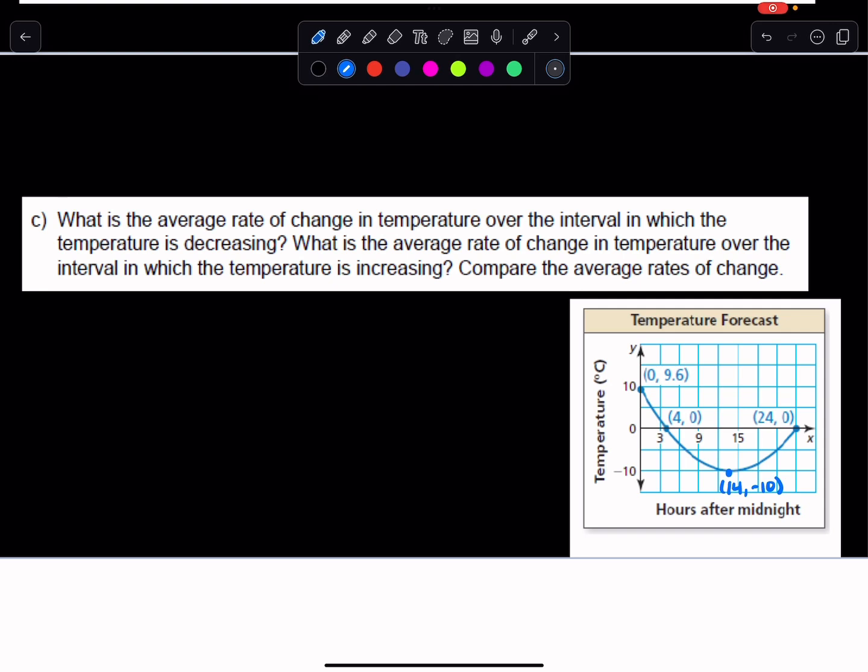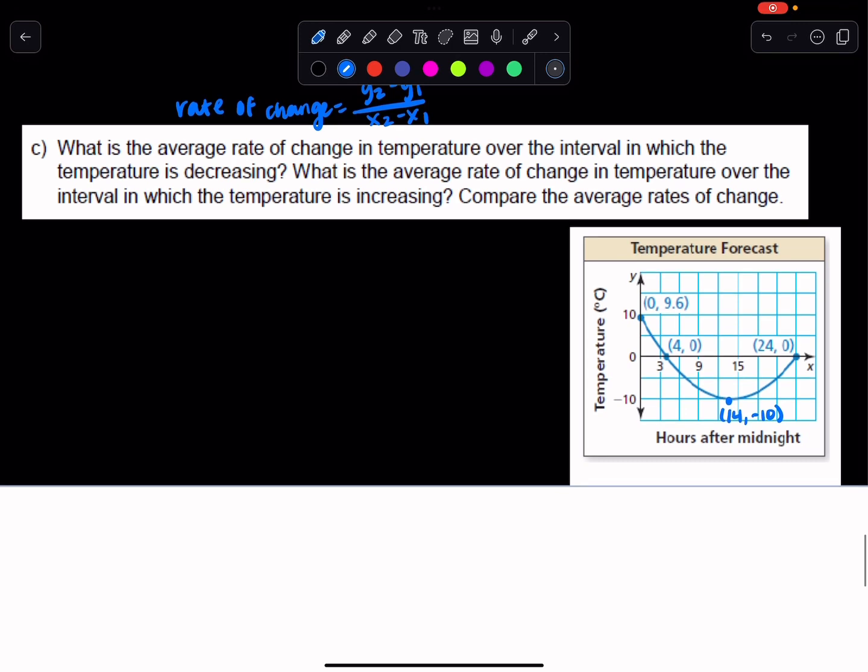So average rate of change, that's just slope, that's our y2 minus y1 over x2 minus x1. So over the interval in which the temperature is decreasing, the left side of my graph, my two points are the starting point, this will be x1, y1, and then my vertex, that'll be x2, y2.